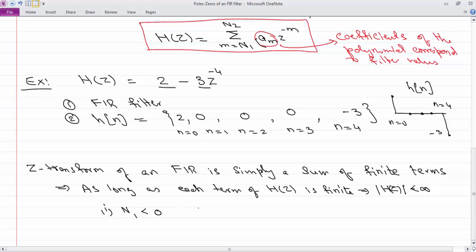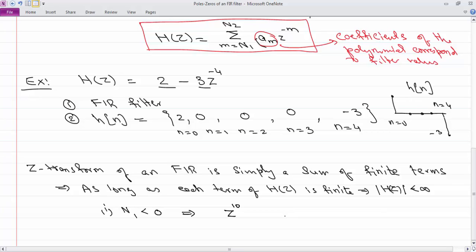So if n1 is less than 0, you have in your Z transform terms with positive exponents.